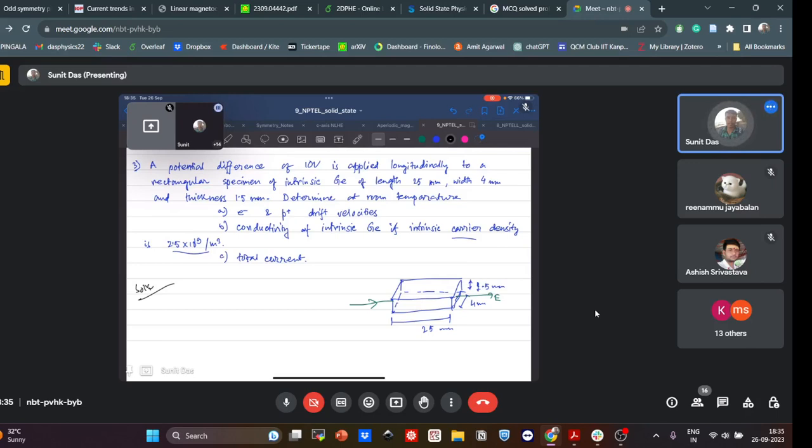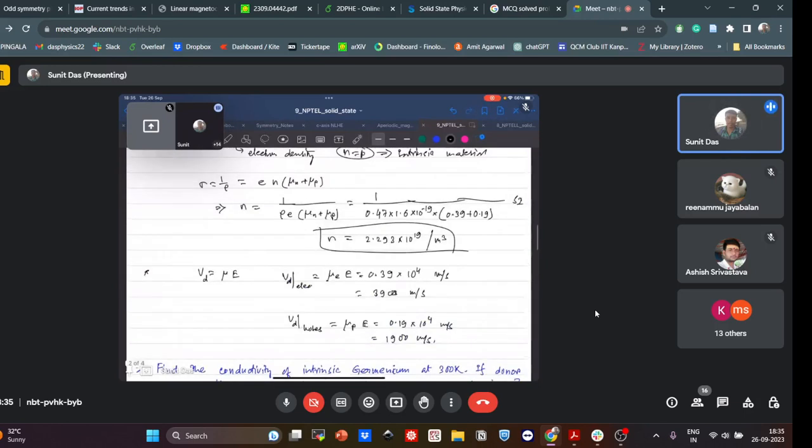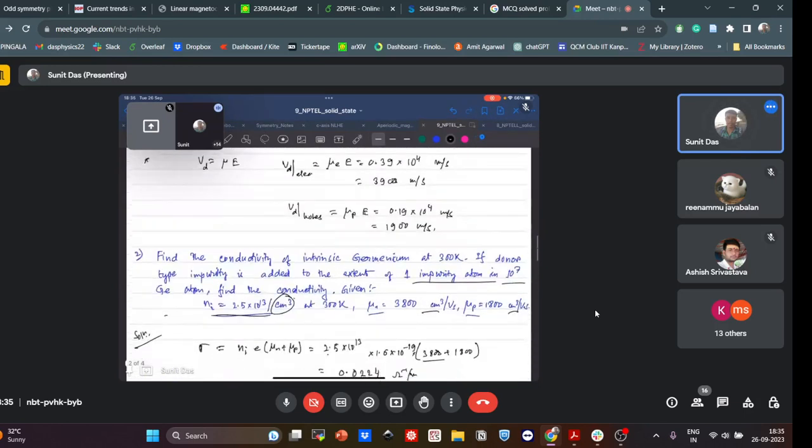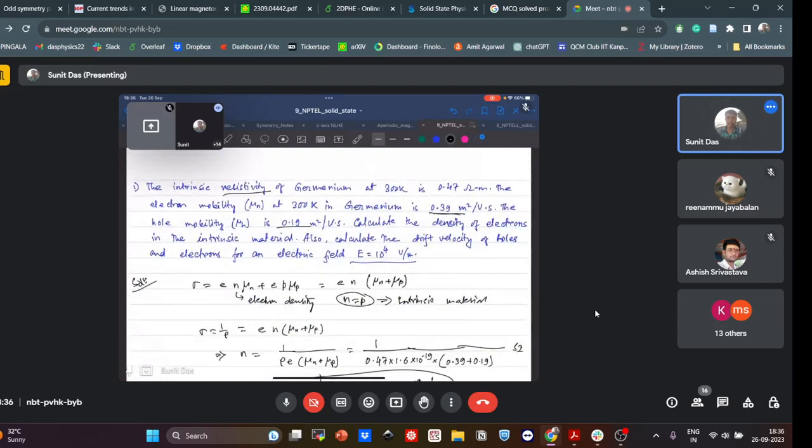The mobility for these electrons and holes are not explicitly mentioned here, but we may pick up from this one or directly here. This is in SI unit.